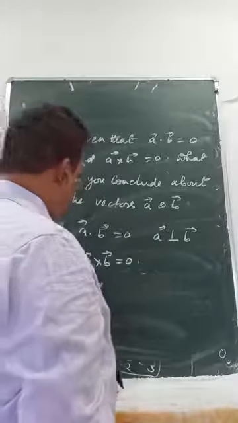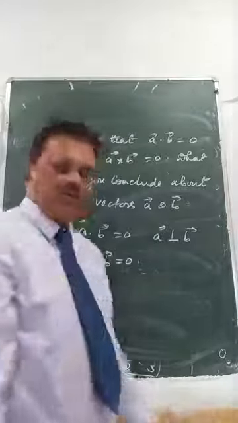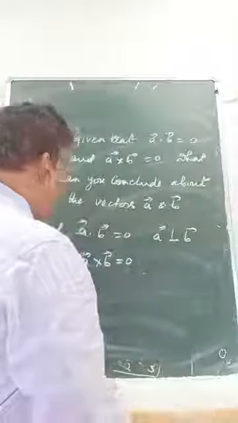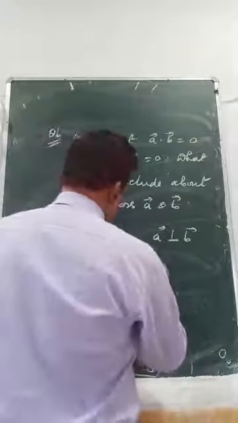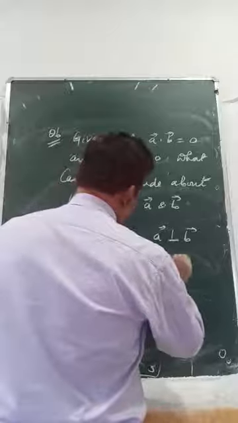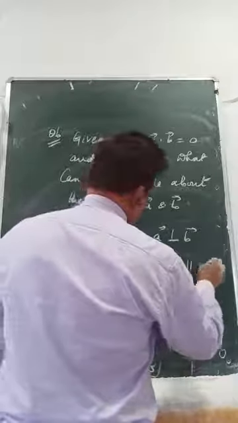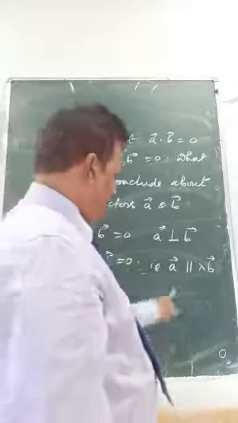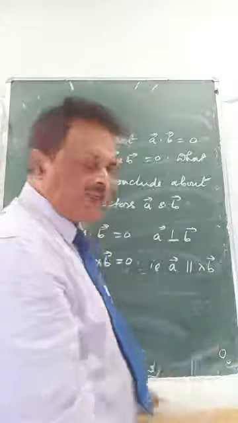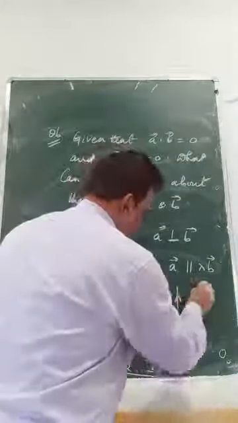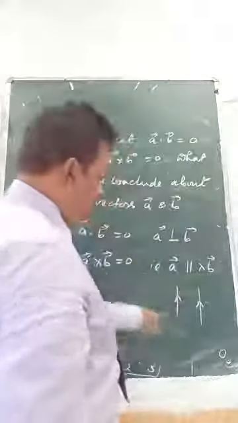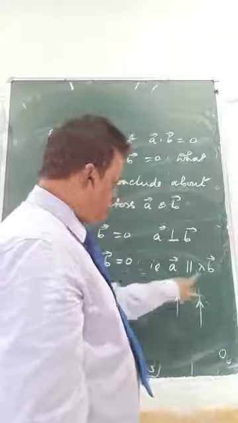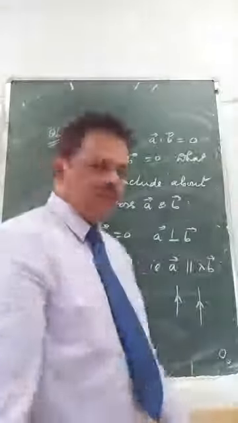That means the cross product of the same vector is 0. So A vector is parallel to lambda B vector, meaning both are in the same direction. This is A, this is lambda B. Same direction, and the cross product is 0.